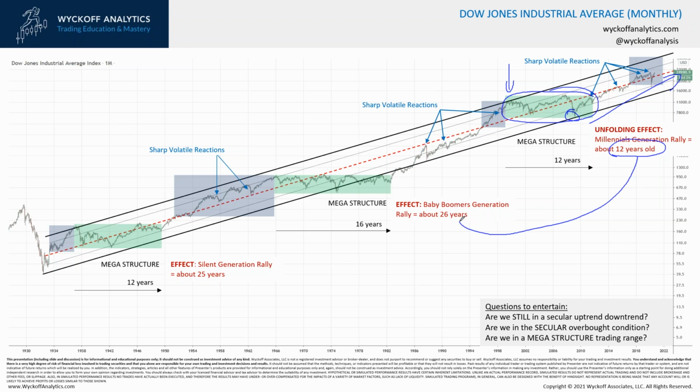So we still have quite a room to go if this pattern is going to unfold exactly the same way. And what's important here is that if we look at the uptrend channel, we're still pretty much there. With all of these COVID declines and with the 2018 declines, we have not violated this uptrend.